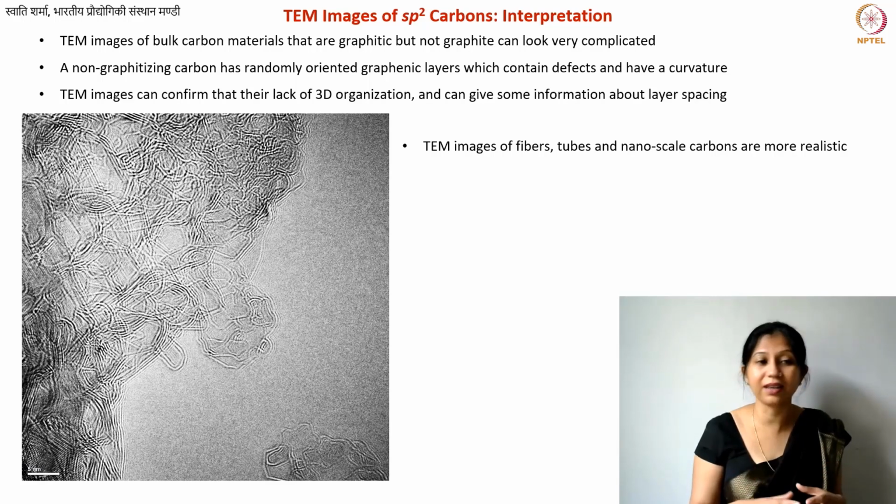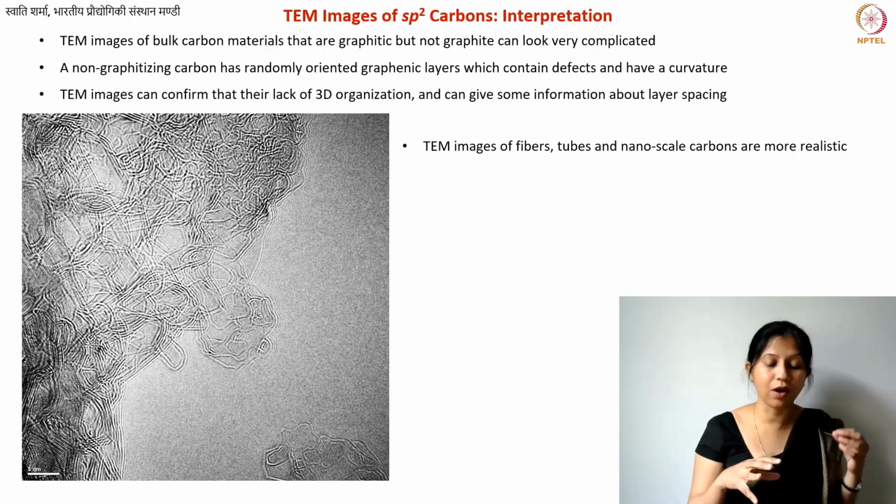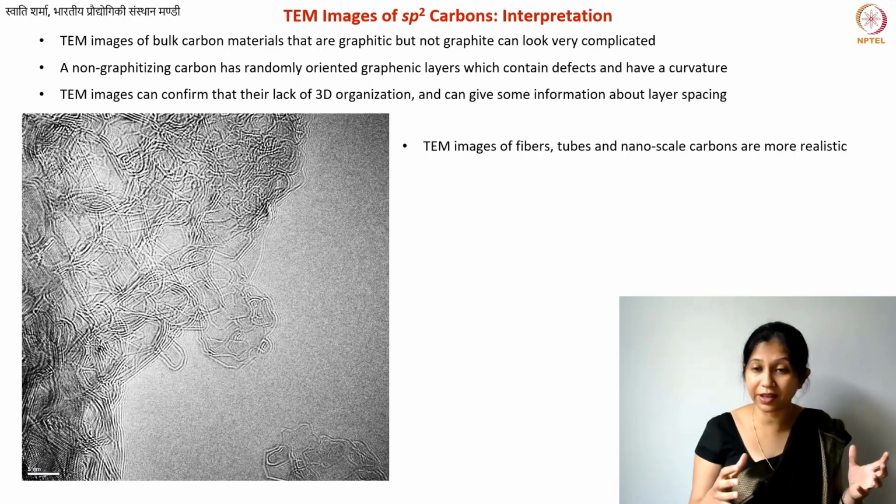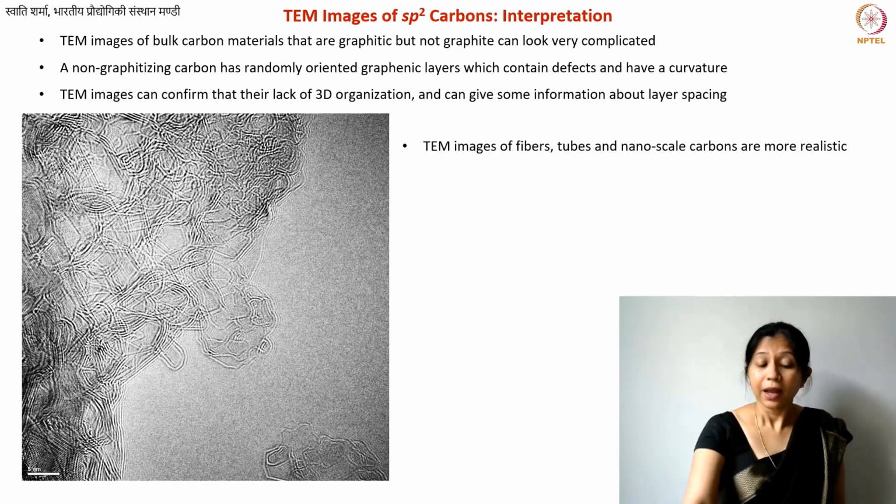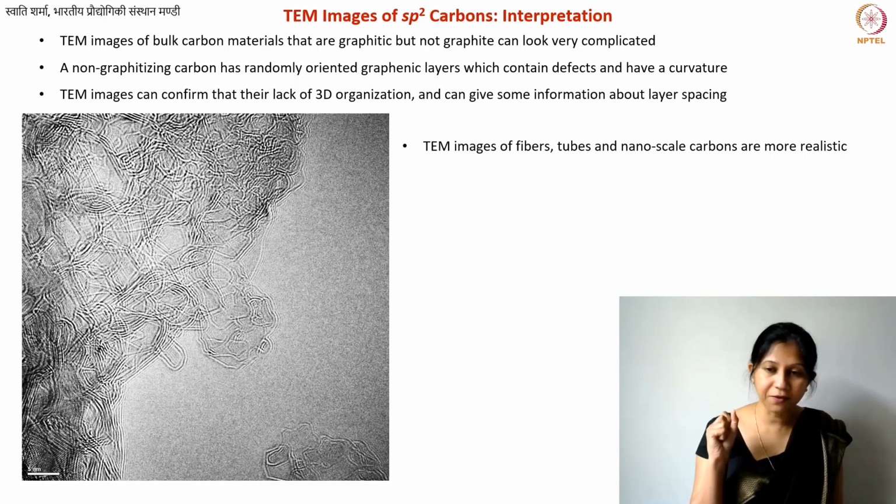What is the crystallite size? What is the type of organization? Whether all the 2D planes are of the same size or different sizes, whether they have curvature or whether they are flat, none of that information is available from this kind of TEM micrograph. So this is for the bulk carbon materials. What about carbon fibers, tubes?